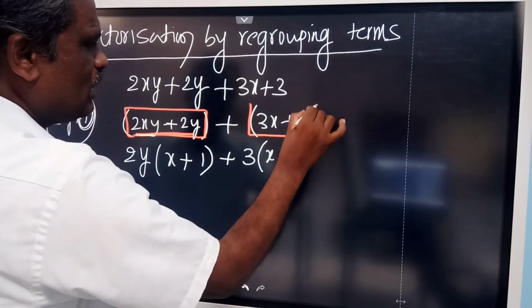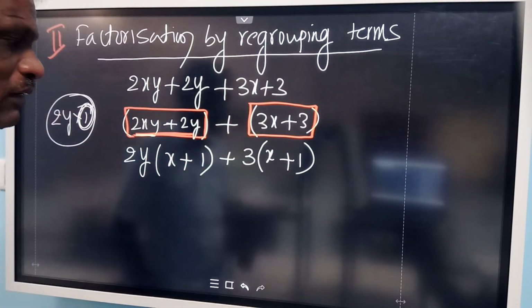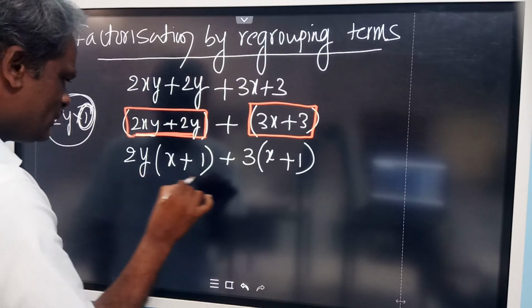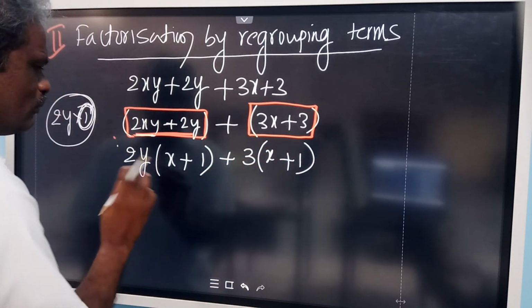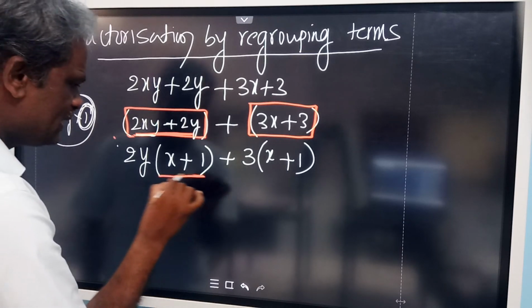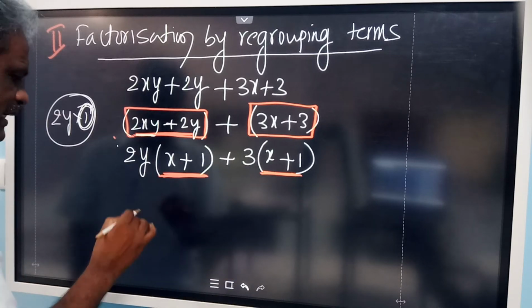See, by grouping, this is the first group and this is the second group. From this group you have taken common, and this group also. Now this is one expression, and here also one expression. Look at this, we have one more term common here. Both places we have x plus 1. So you take common again.